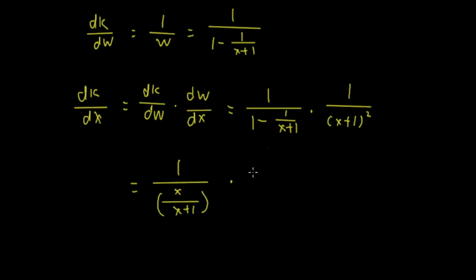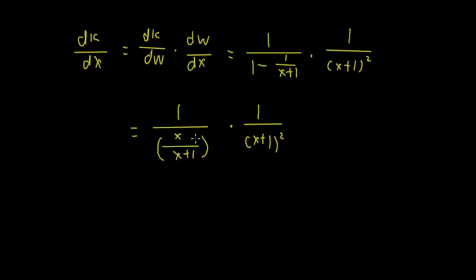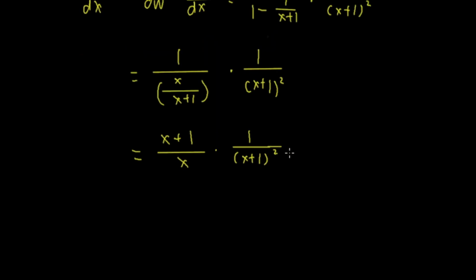This one times this, 1 over x plus 1 squared, I mean. Okay. Now this is the same as x plus 1 over x, right? So we have x plus 1 over x times this. And you can see that this cancels out with one of this. We have 1 over x times x plus 1. Okay? So that's the derivative of this.